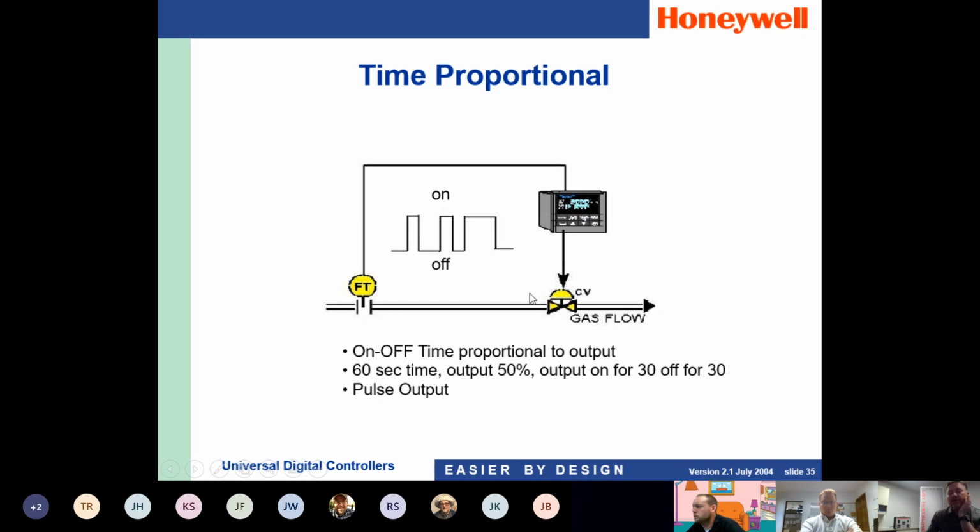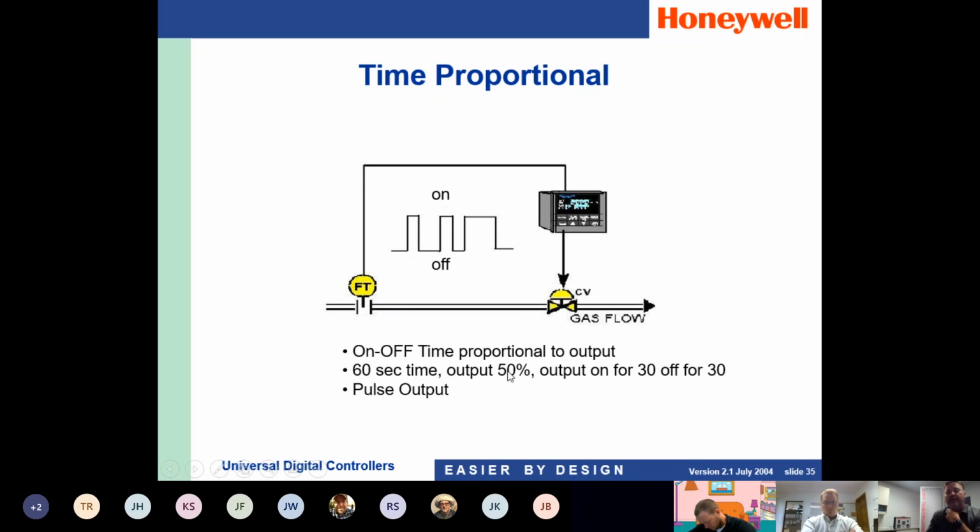In the controller, you would set up a pulse time. Let's say, for example, in this situation, we used 60 seconds. As the controller output changes to try to eliminate the deviation between set point and process variable, as the output increases, so does the on time of our relay output.